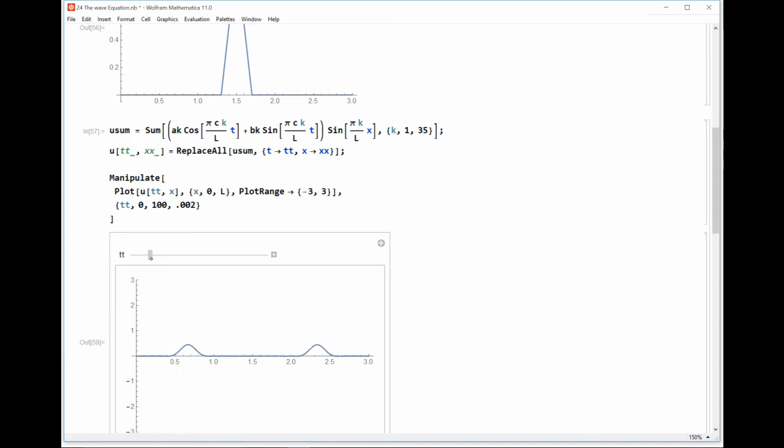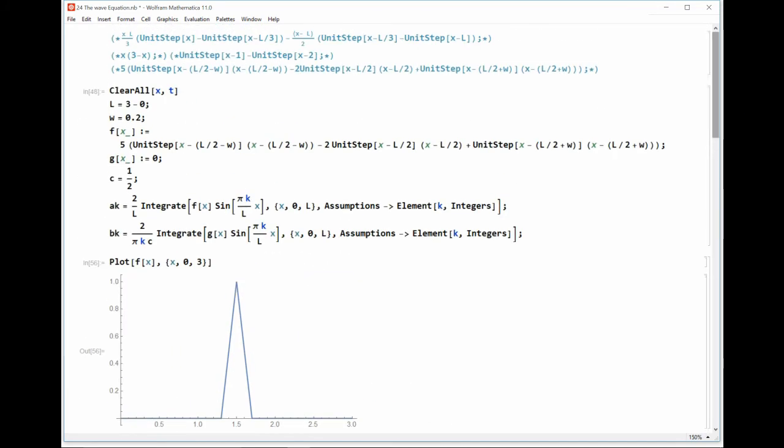You can see exactly the phenomenon that we just observed in the real world, that the big wave splits into two smaller waves, travels towards the end where it gets reflected and flipped around the axis. Then they travel back towards each other, add up to a perfect copy, perfect reflection of the big wave they started with, and then the cycle continues.